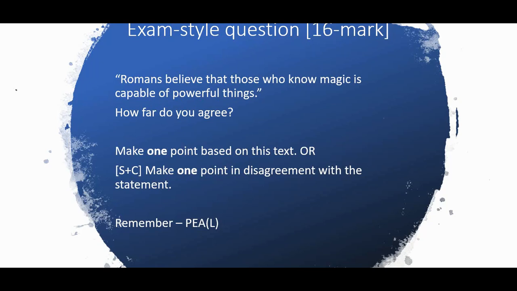You could probably give a theme to what she's capable of doing. So, you could say that those who know magic are capable of moving the stars, or reverting nature. That would certainly be a point that you could make here. In fact, that's possibly the only point that you can make here.